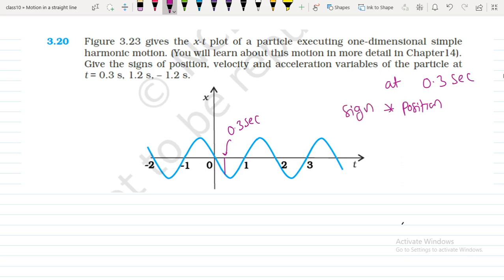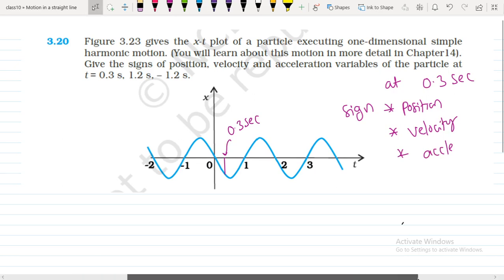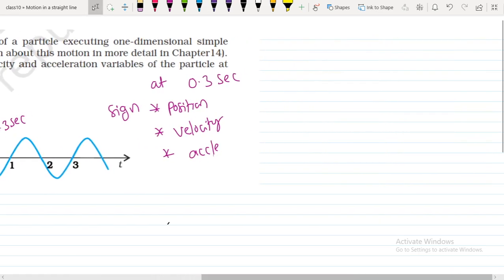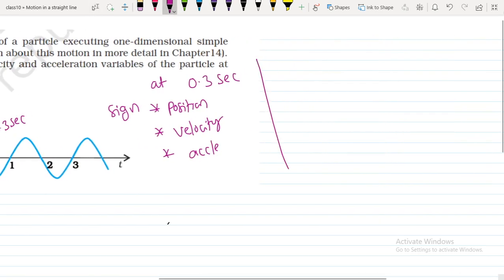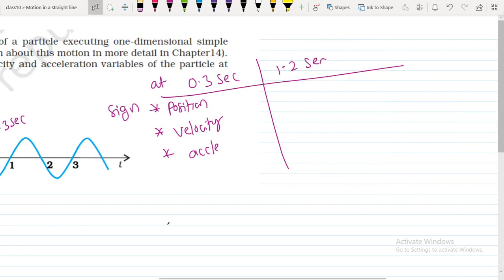We need to say whether each is positive or negative. These details we need to fill at 0.3 second, and similarly at 1.2 second and the third one, negative 1.2 second.